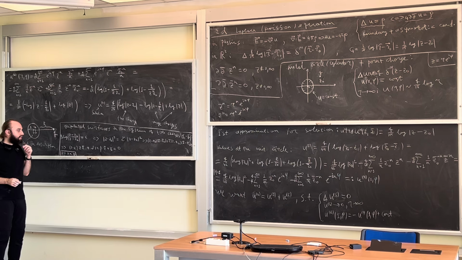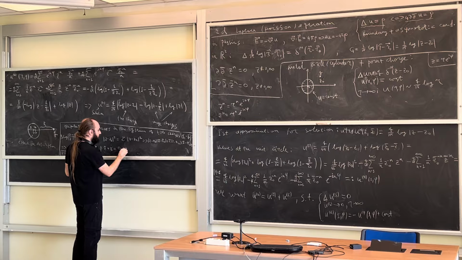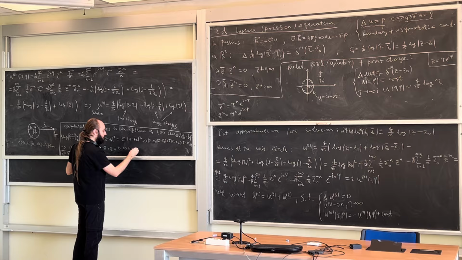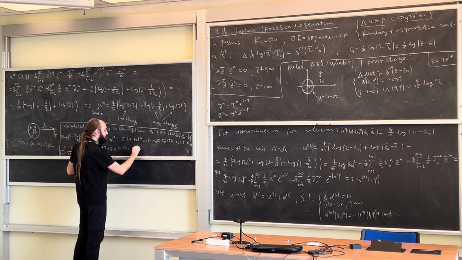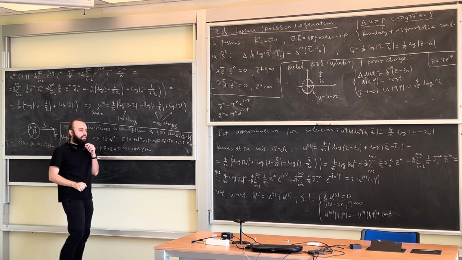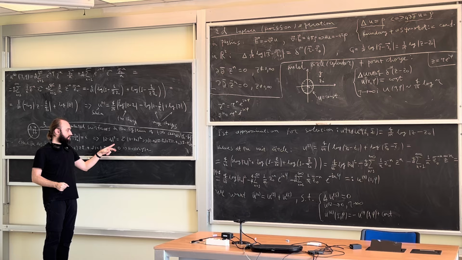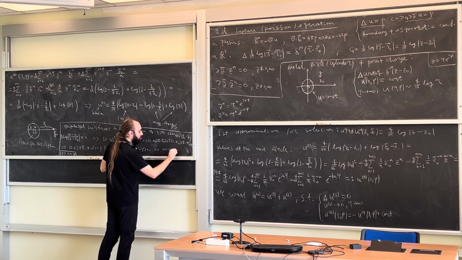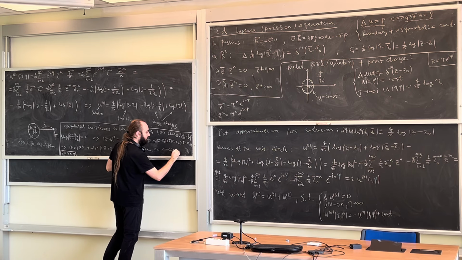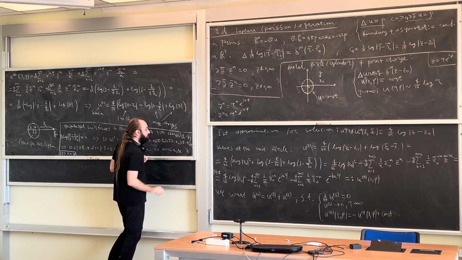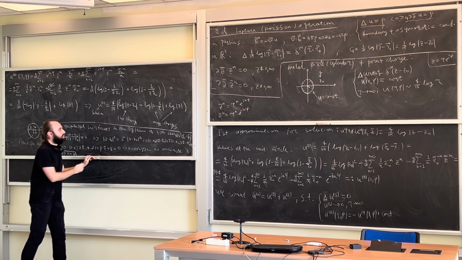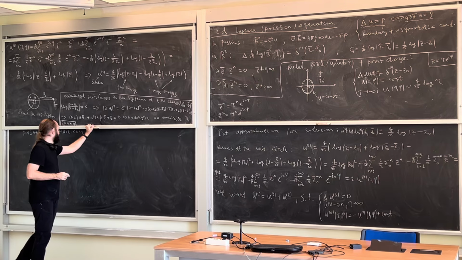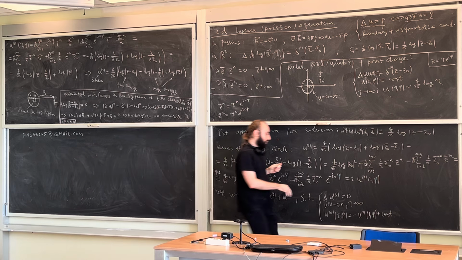So it can be written as 1 over c times x squared plus. So it's a circle with the center located somewhere. So this picture looks like this.